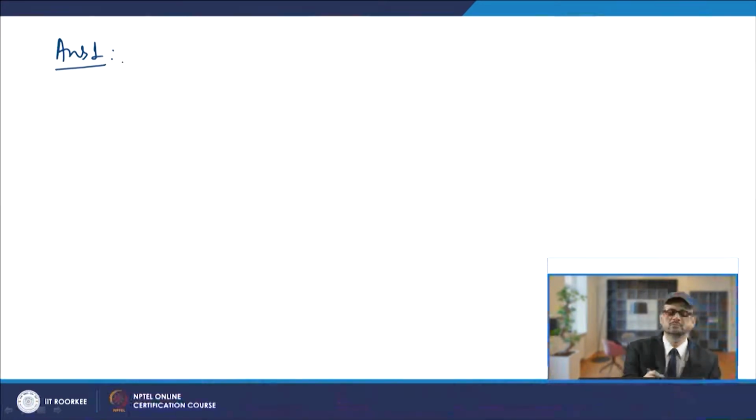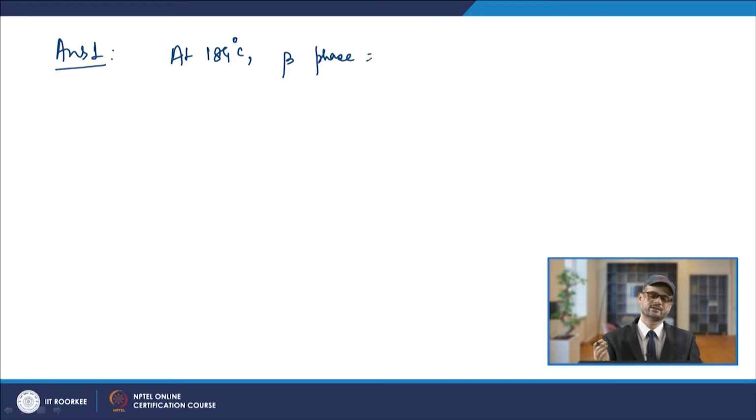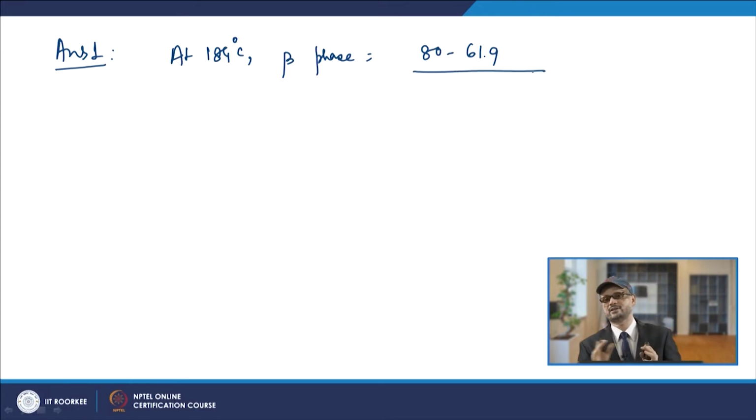At 184 degrees centigrade, the beta phase will be 80 minus 61.9, which is the eutectic point, divided by the point it touches on the right hand side at 97.8, so 97.8 minus 61.9.